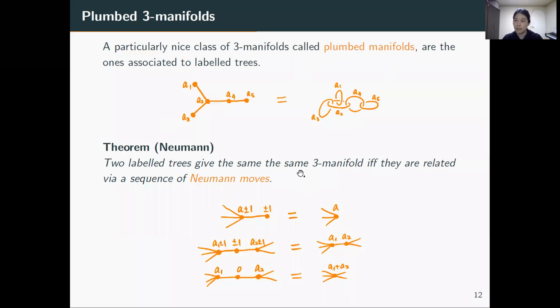It's a theorem by Neumann that any two labeled trees give the same 3-manifold if and only if they are related by a sequence of Neumann moves, which I drew here. So in other words, Neumann moves are the analog of the Kirby move if we restrict our attention to this class of 3-manifolds.